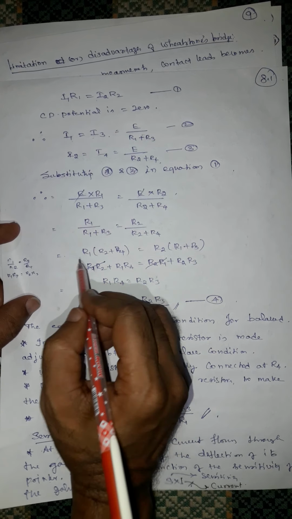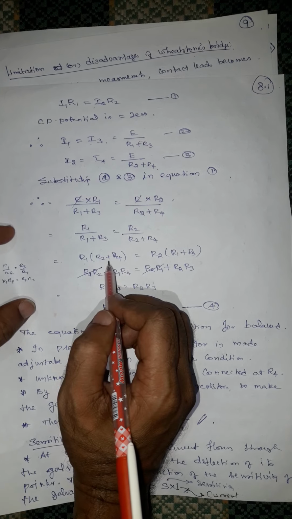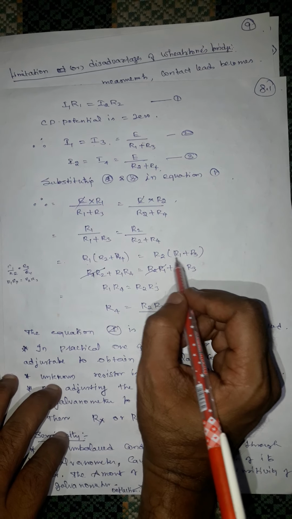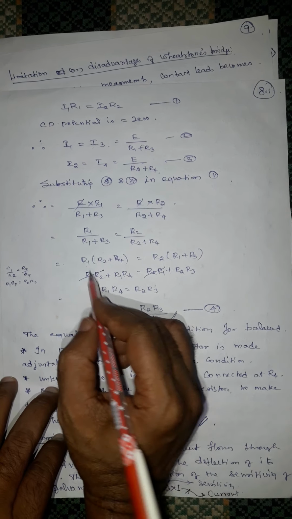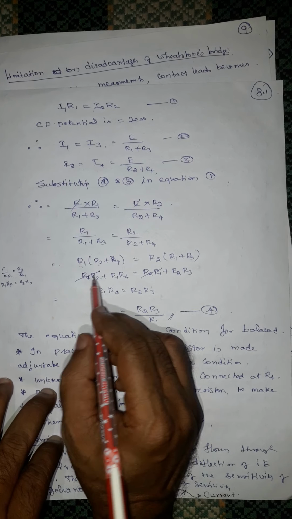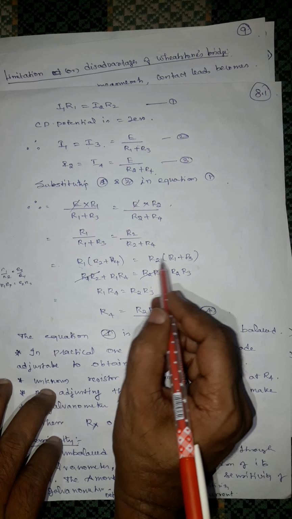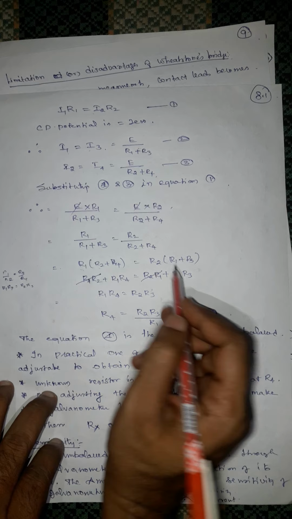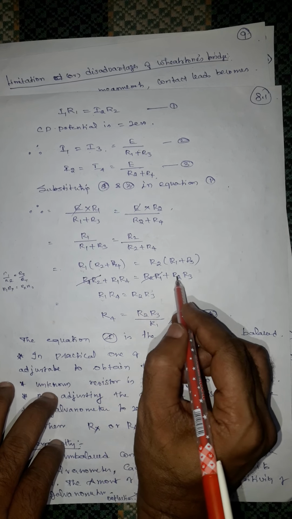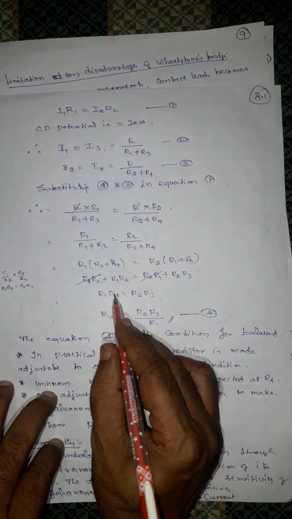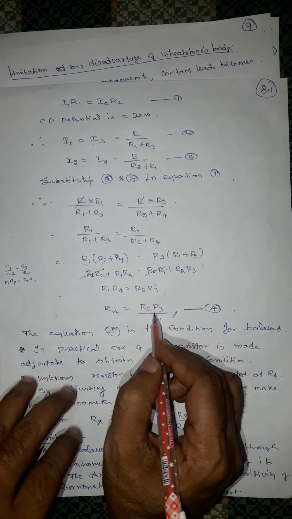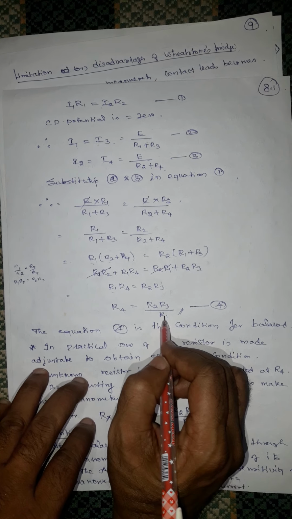Then cross multiply: R1 into R2 plus R4, and R2 into R1 plus R3. R1 R2 cancels on both sides, leaving R1 R4 equals R2 R3. Finally R4 is R2 into R3 divided by R1.